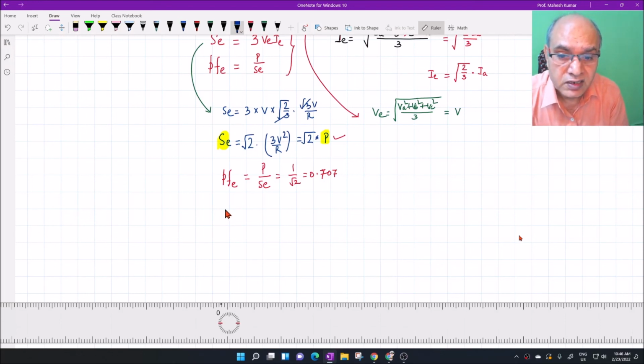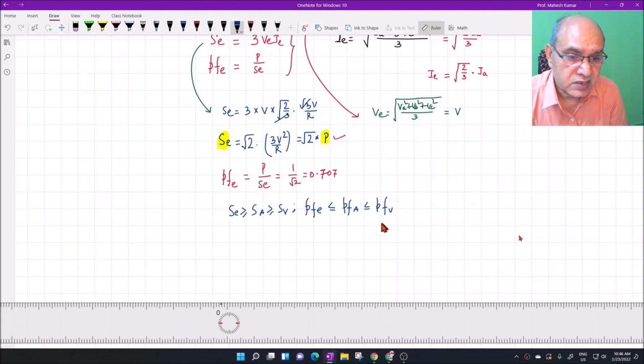We could see this identity between the apparent powers. SE is greater than or equal to SA, greater than or equal to SV. Accordingly, PFE is less than or equal to power factor arithmetic, less than or equal to power factor vector.